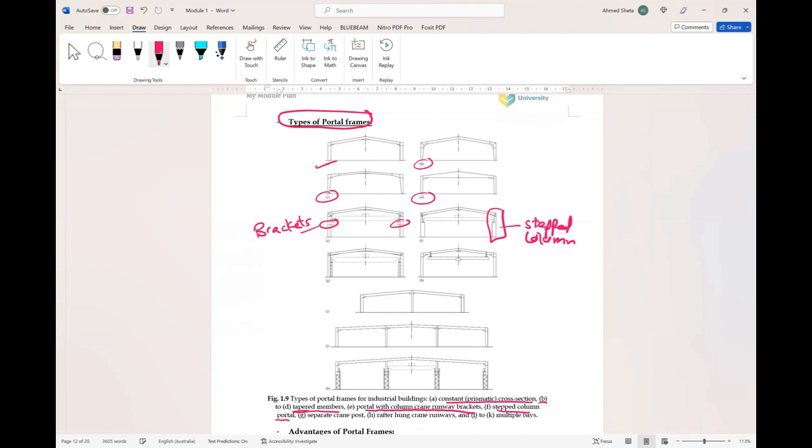G, separate crane post, as you can see here. H, rafter hung crane runway. So here the crane runway is hung by the rafter.